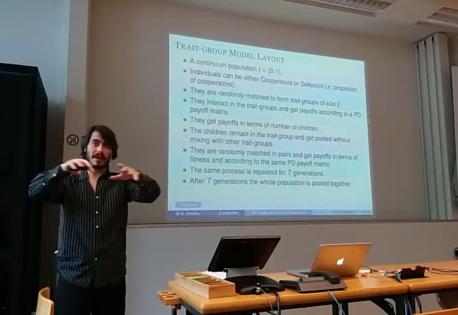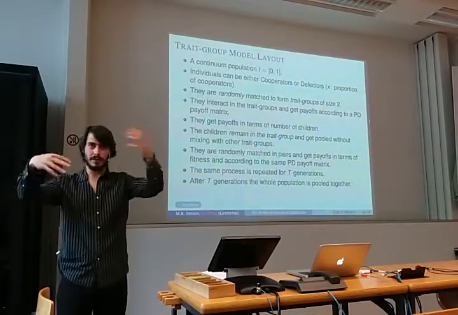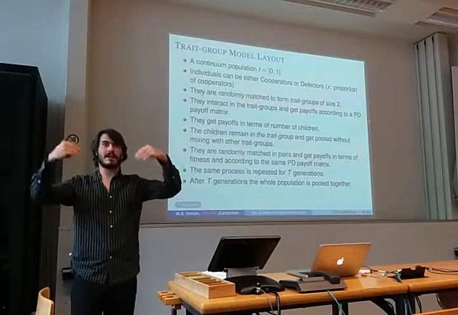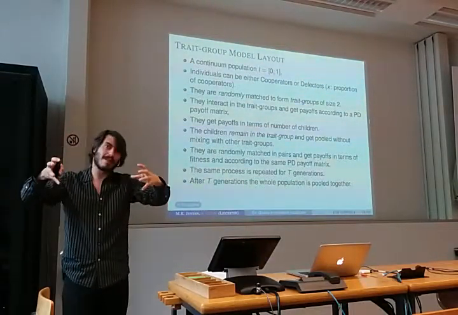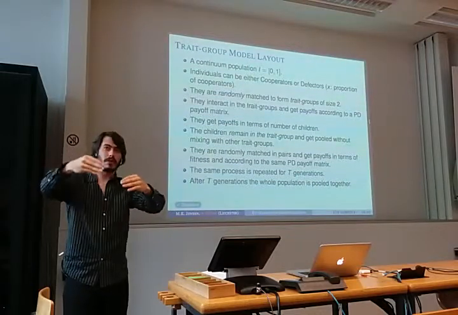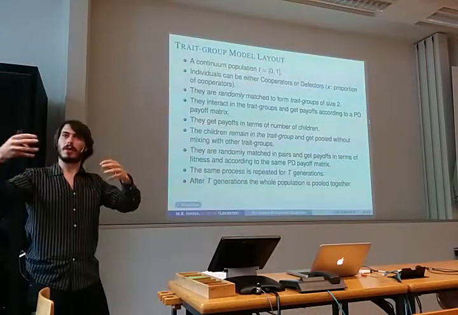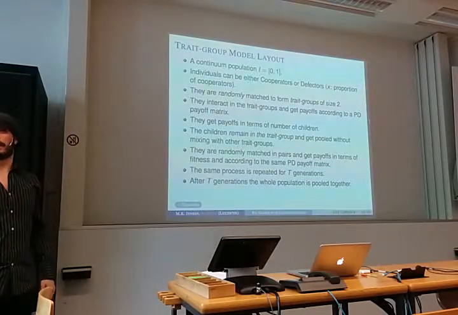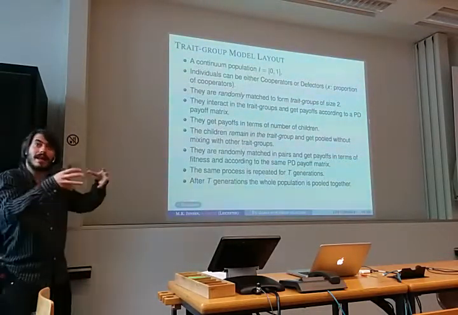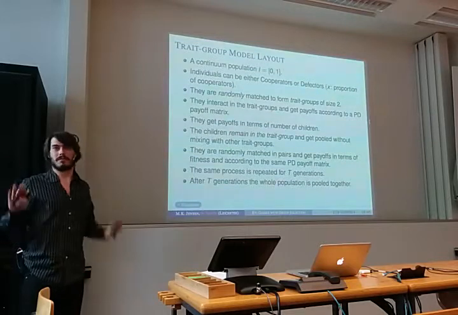They're going to be randomly matched among themselves to get other pairs. These interact, they get payoffs, and the children still remain in that group. That will be generation 2, then generation 3, and so on. And T is given, it's exogenous.